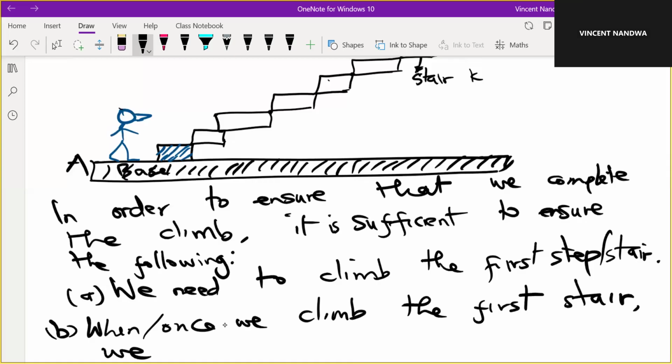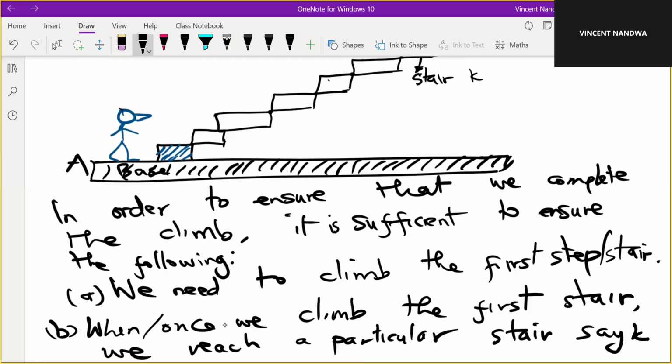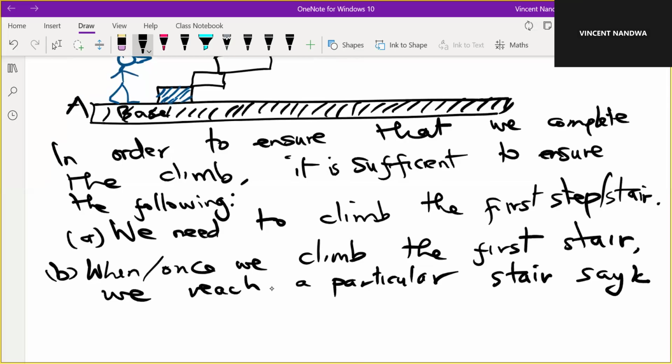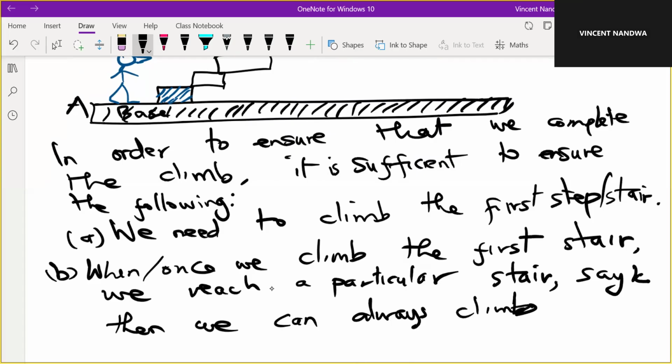we reach a particular stair or step, say K, then we can always climb the next step, K plus 1.